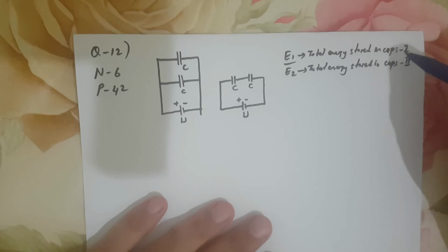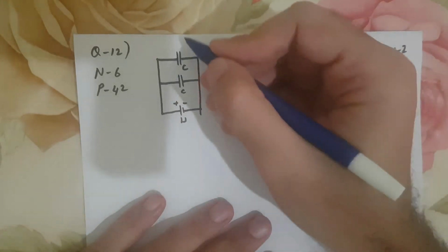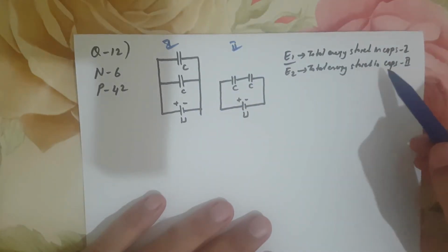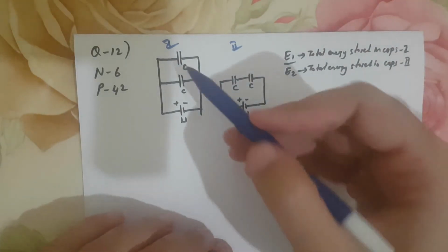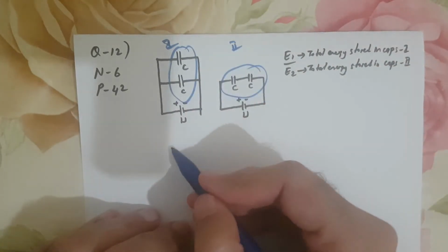Total energy stored in caps, figure 1 and then figure 2. Total energy stored. Okay, we are going to find again this, if it's the parallel, if it's the series. Let's find now.